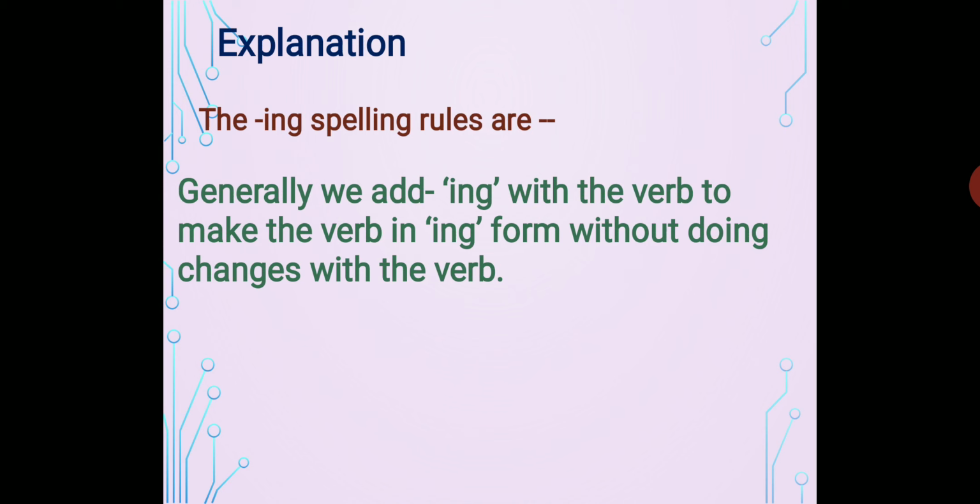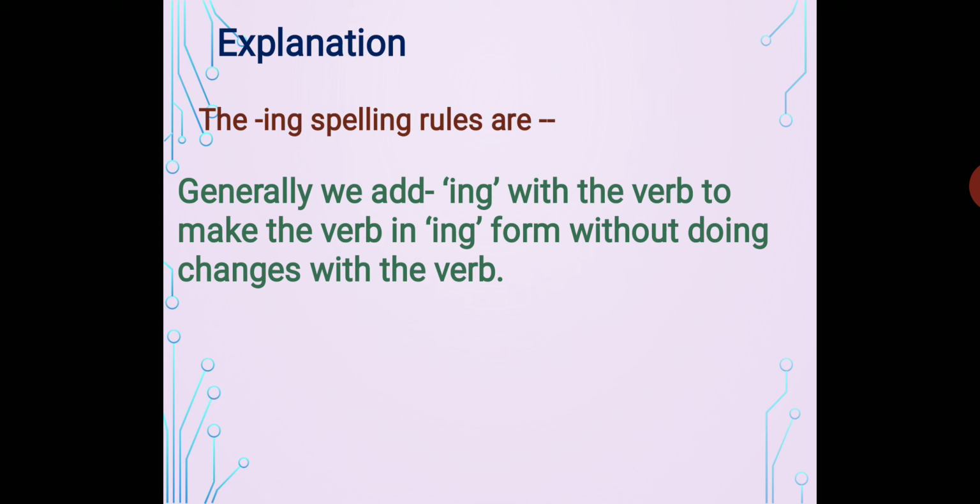First rule of the ing form. How to make the ing form? Generally, we add ing to the verb to make the ing form of the verb without doing any changes to the verb. So, in this case, we add only ing. Whatever the verb is, we add only ing.